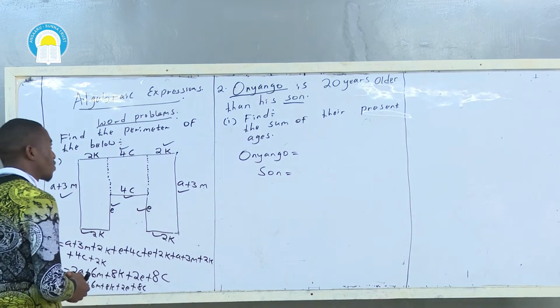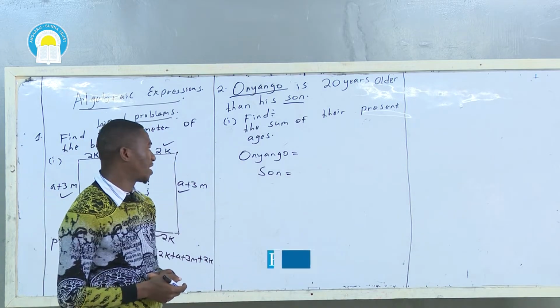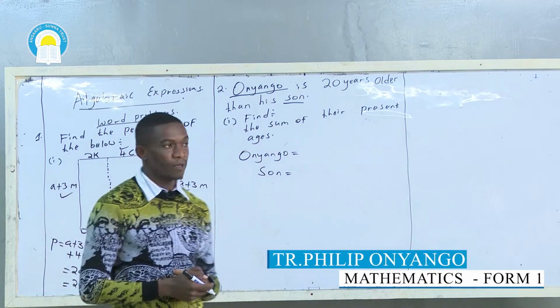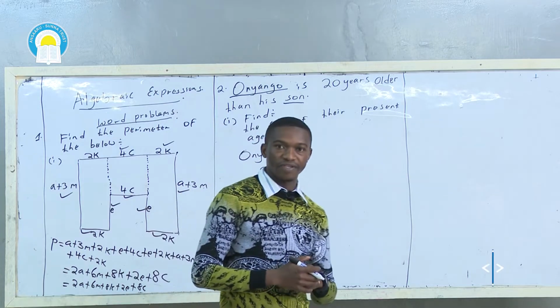So we are having two different people. Onyango is 20 years older than his son. Do we know the age of the son? We don't know the age of the son.